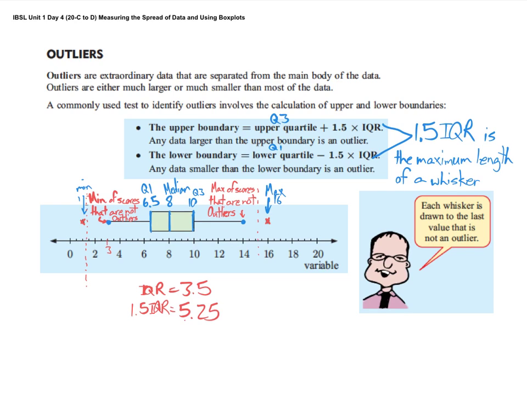Now, one question students will often have is they say, okay, well, won't that affect what my Q1 and Q3 are? The answer is no. Okay? If you are graphing the outliers, you leave your Q1, Q3, and your median all alone. Okay?